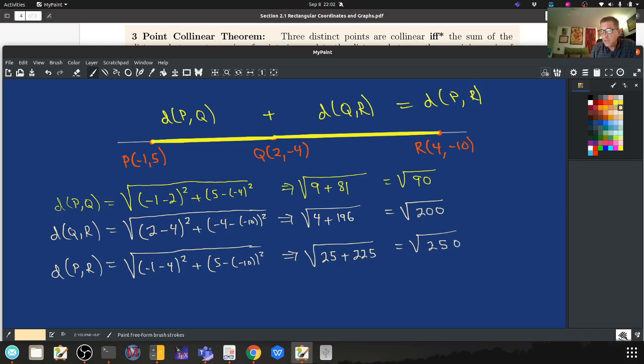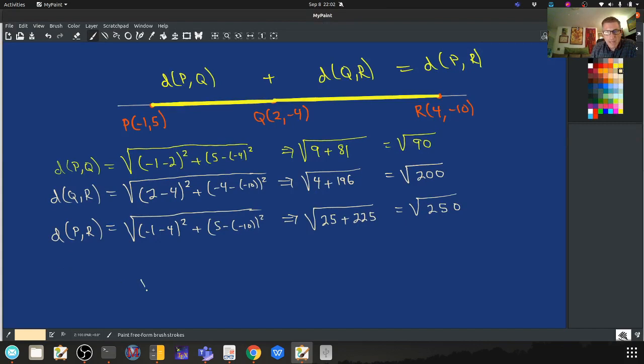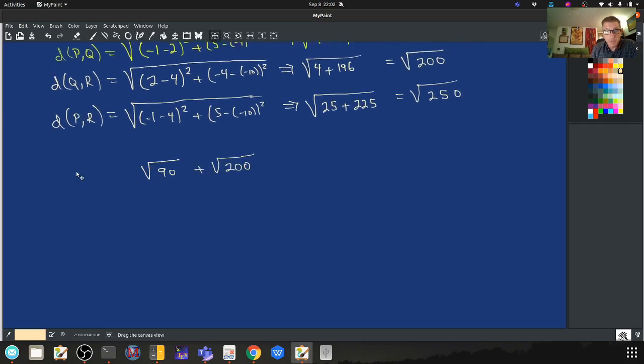So here comes the hard part. We've got to add the square root of 90 plus the square root of 200. Well, how do we do this? And this is going to be some review.